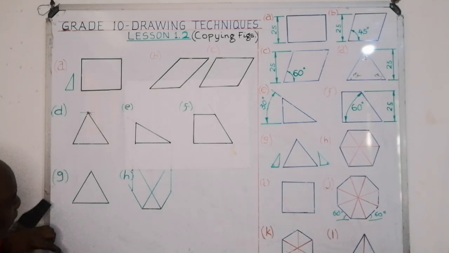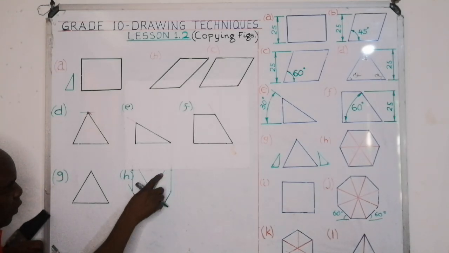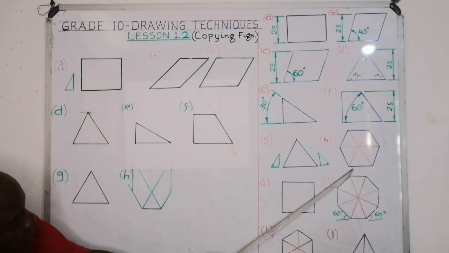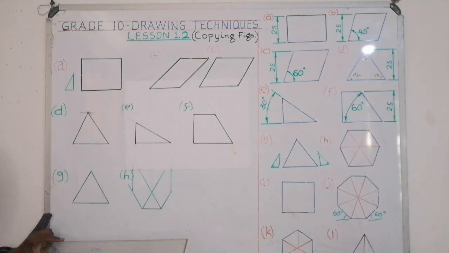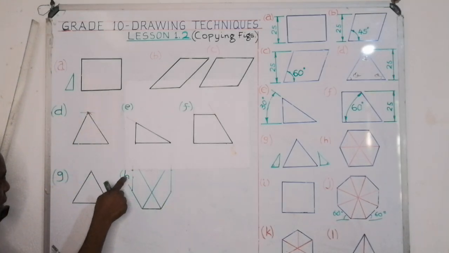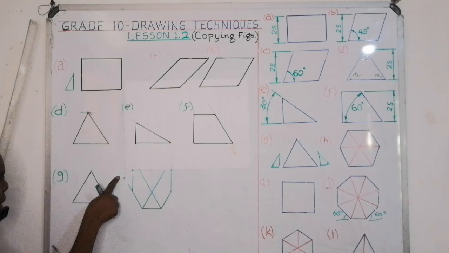Unfortunately, it doesn't come out accurately because these lines were supposed to come out right at the corner there. But once you miss accuracy there, it's going to be like that.